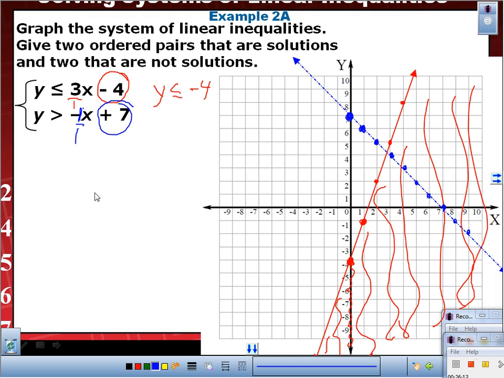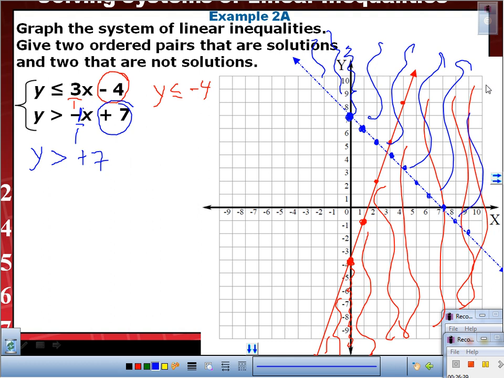Now, what information do I need here to shade? I need my y, my inequality symbol, and the 7. It reads y is greater than 7. Where's 7? Right here. What numbers are greater than 7? Everything above. So I'm going to shade everything above this blue line.